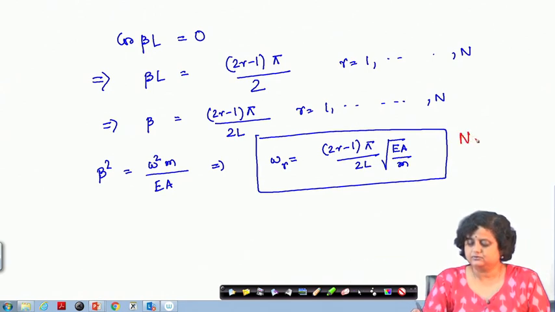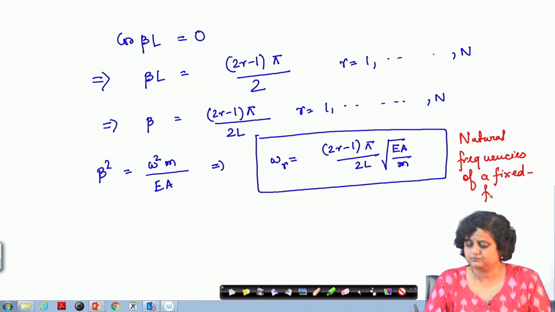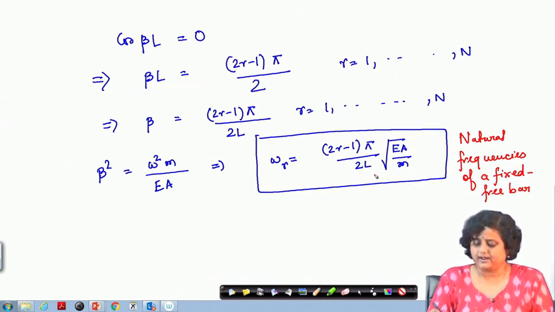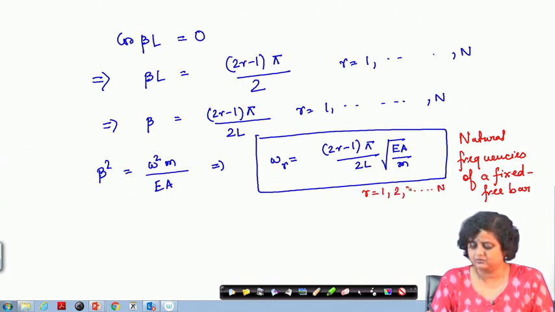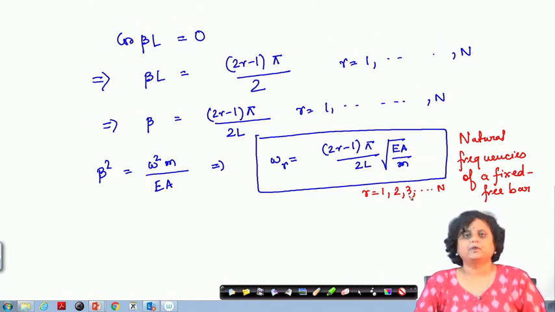So, this is the expression for natural frequencies of a system, where r is equal to 1, 2, and so on.